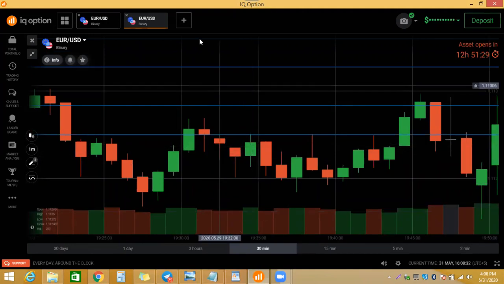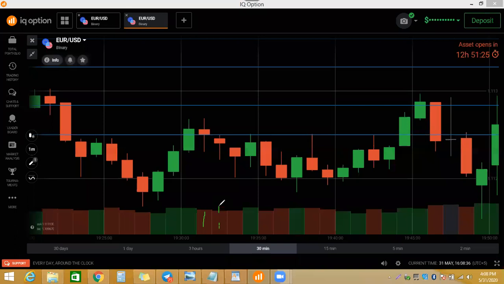Because if the volume is increasing from here to here in this formation, then this downtrend will continue more. But in this case, volume is falling. Price is falling here, but volume is also falling. So that is the thing I call an anomaly.